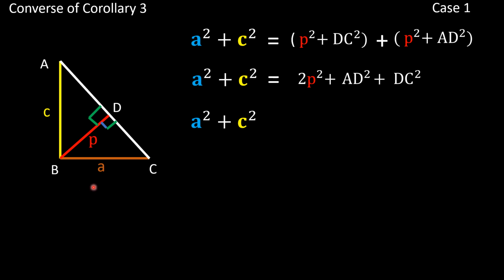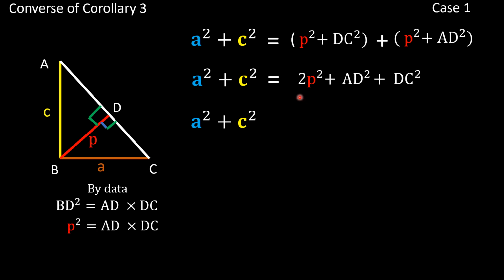Okay, now let us find out what 2p square is. For that, let us recall what is given in data. In data, it was said that BD has been drawn perpendicular to AC in such a way that BD square is equal to AD into DC. But what about BD square? BD square is nothing but p square. Therefore, we will write p square is equal to AD into DC.